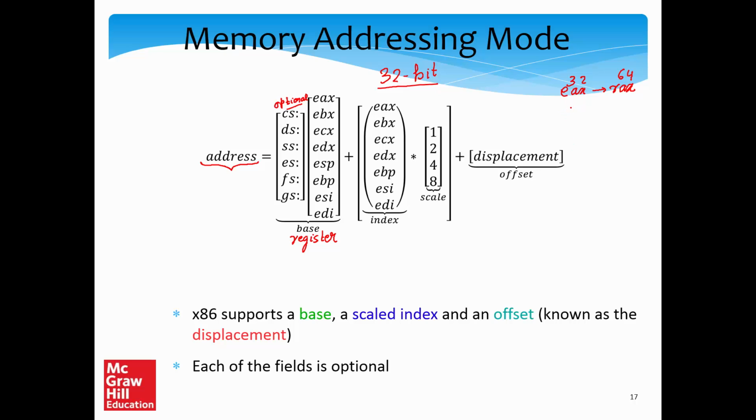Similarly, to move from, let's say, 16 to 64, AX will become RAX. This is a very simple transformation. Similarly, going from 64 to 32, all registers of the form RAX or RBX will become EAX.